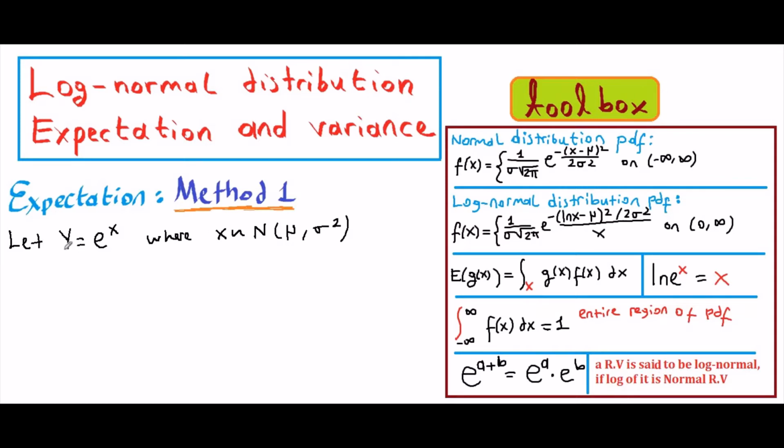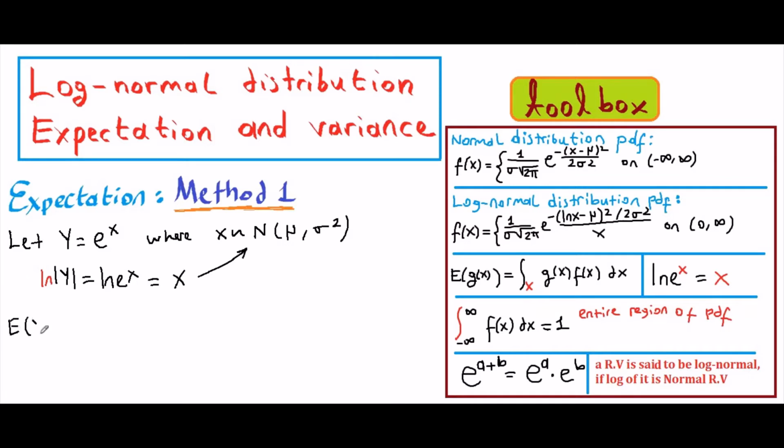So if we take ln on both sides, ln of y will be equal to ln of e to the x, and ln of e to the x using the logarithmic rules equals x, and our x is normally distributed.